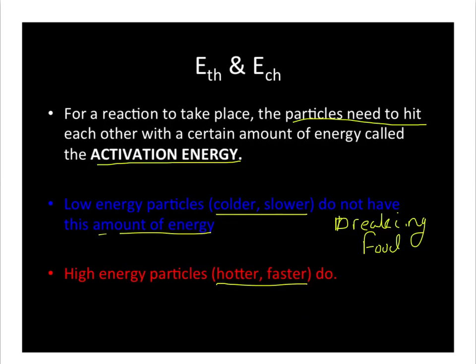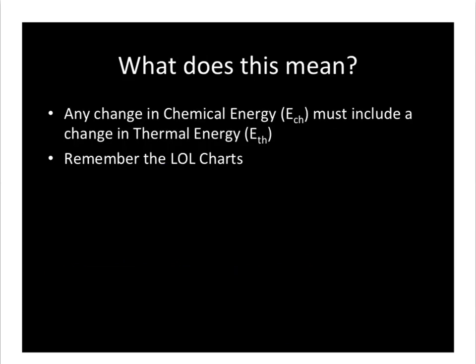And if you leave the milk sitting out, just adding a little bit of energy from the room temperature will cause the reaction to take place and your milk will spoil. So, slowing things down, making them colder, that can change the energy available and possibly reduce it so that we don't have enough energy to make a reaction happen.